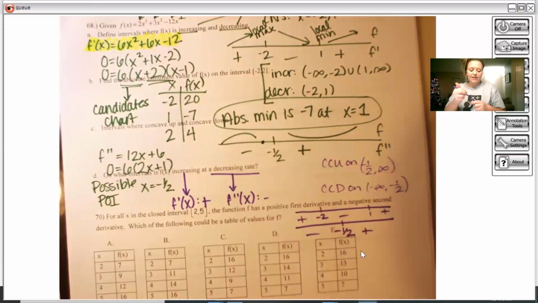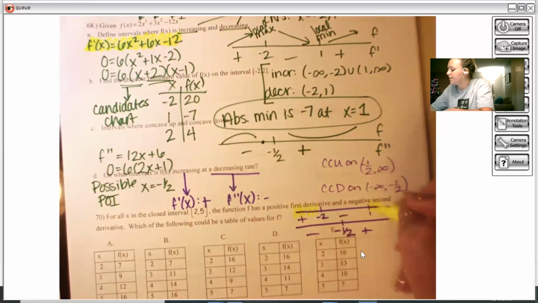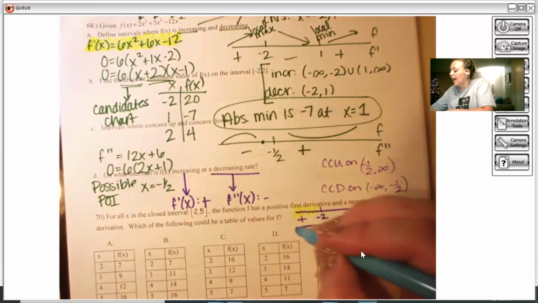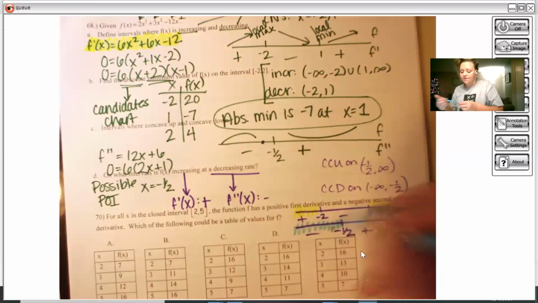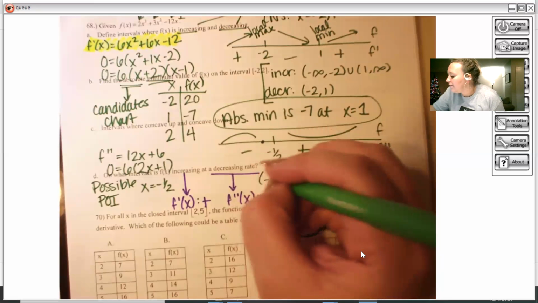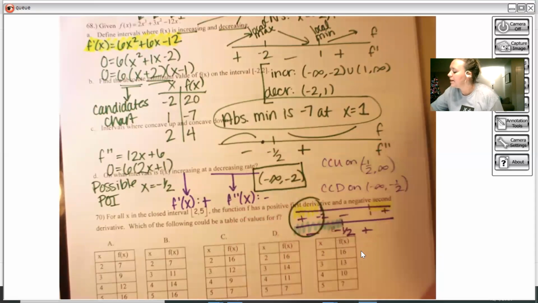So I'm looking for a positive first derivative that happens here and here, but then I need a negative second derivative that only happens here. The interval where both overlap is from -infinity until -2. That's for part D.